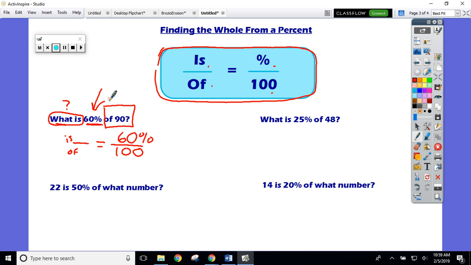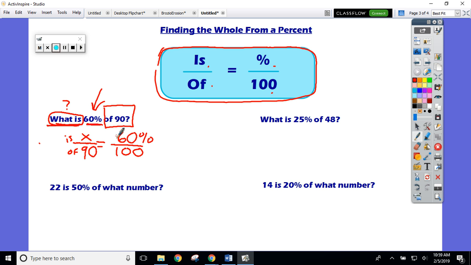Now that leaves a 90. The 90 is associated with the word of, so 90 is going to go here on the bottom of the other part of the proportion. That's the of part. And the is, I don't know. It's what is. That implies a question. There's no number here. So I'm going to use a variable. We like to use an x. You can use any variable you want. So I'm going to set it up like this.